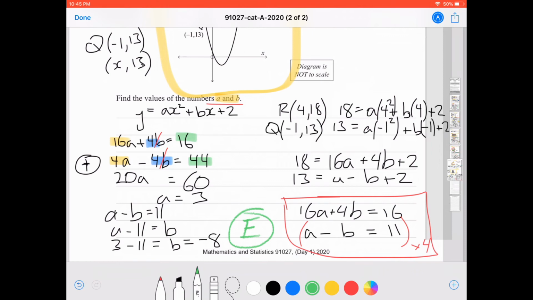The equivalent for our elimination method is probably here. And actually, not achieved, is it? That's merit. Achieved is where you form both equations, so in here gets you the achieved.